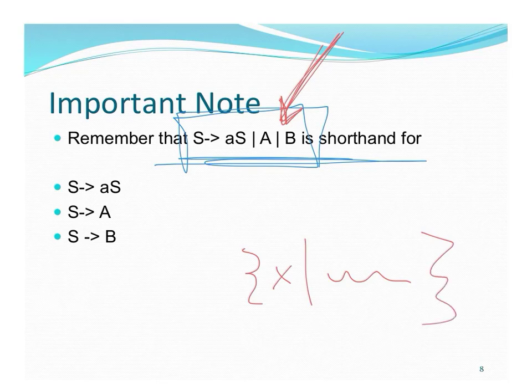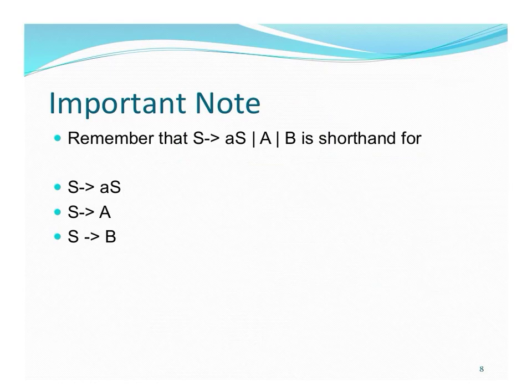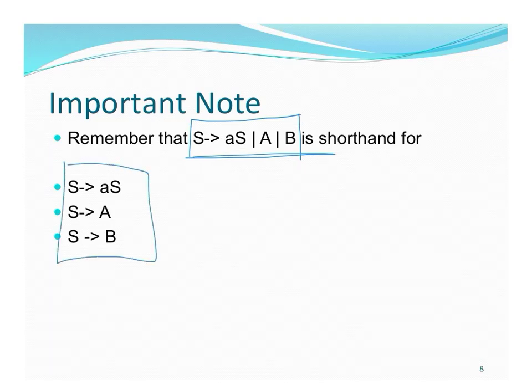So other than the fact that we use that bar symbol for just about everything we can think of, it's important to remember that we're just using a shorthand here. If you have a rule that looks like that, you just want to think in your head, oh, that's shorthand for these 3 rules, right?